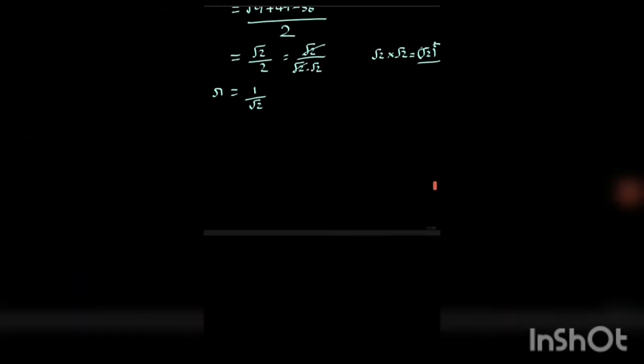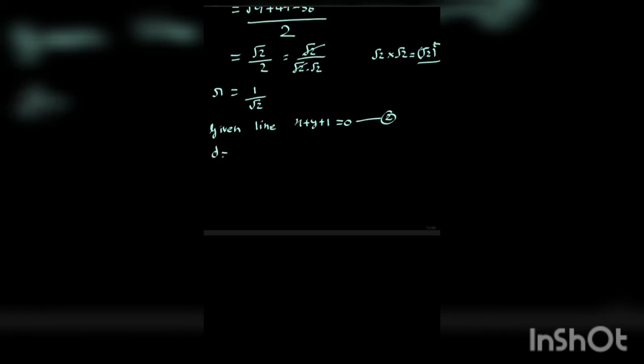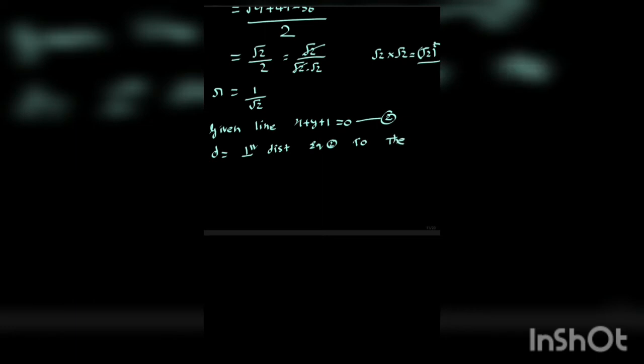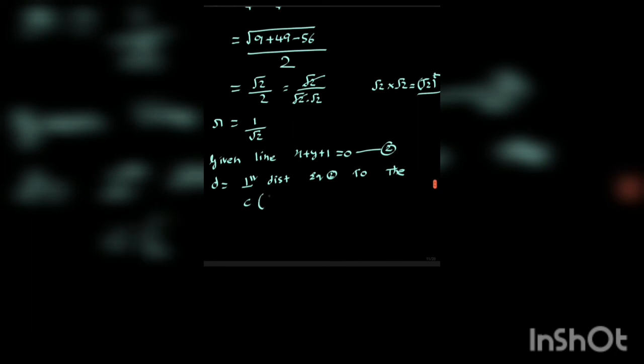Next, given line x plus y plus 1 equal to 0. Consider this as equation 2. So d is equal to the perpendicular distance from equation 2 to the point C, that is (3/2, -7/2).